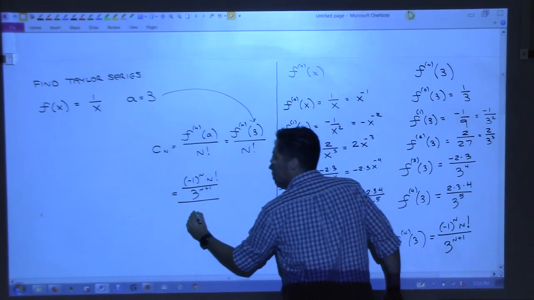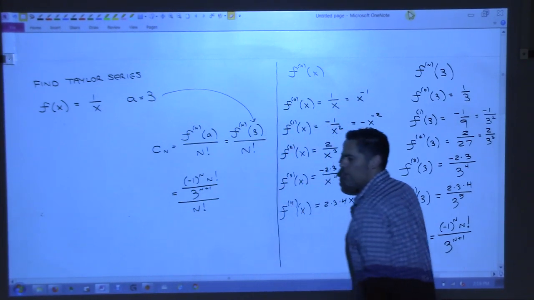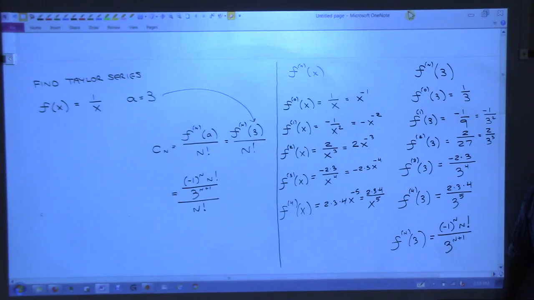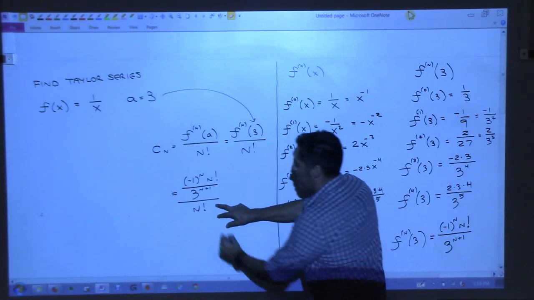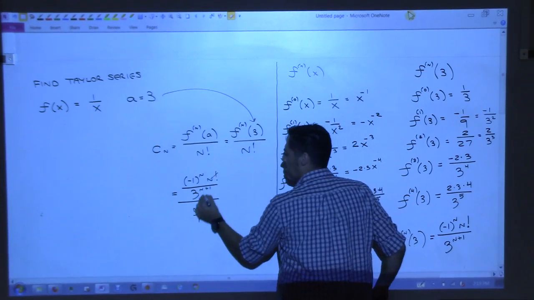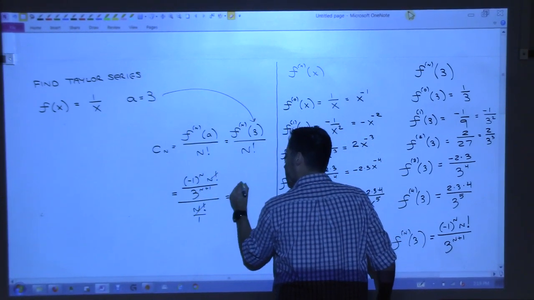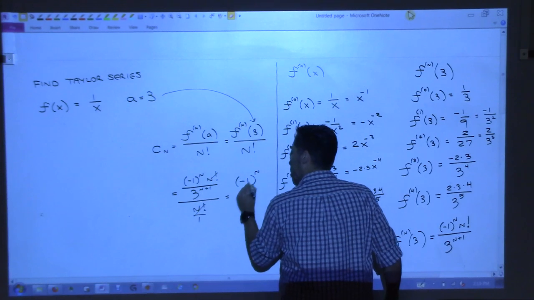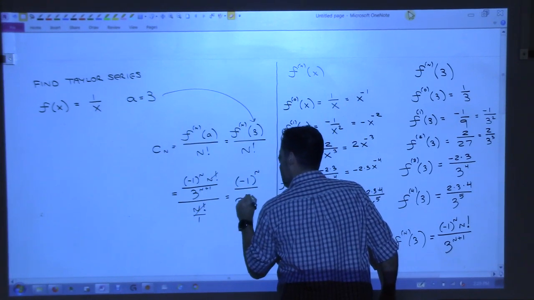N factorial. And do you see what happens to those n factorials? They cancel because this is the same as like this over 1. You can flip it and then the factorials will be gone. So these are gone, which leaves you with just negative 1 to the n over 3 to the n plus 1.